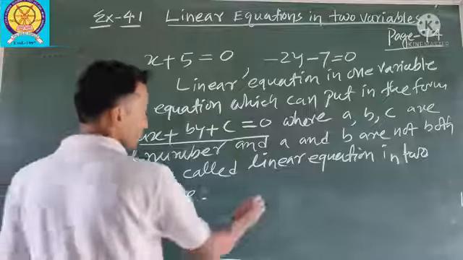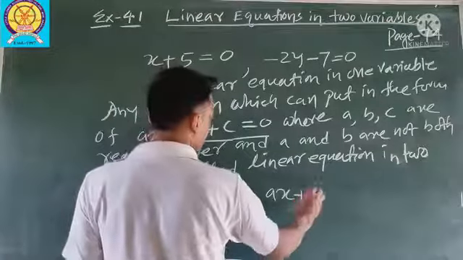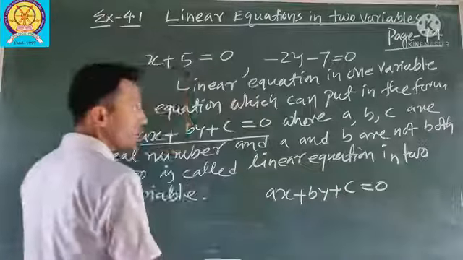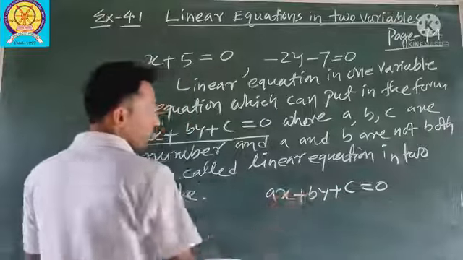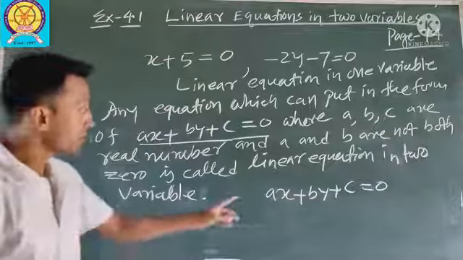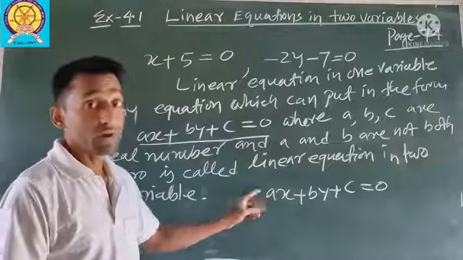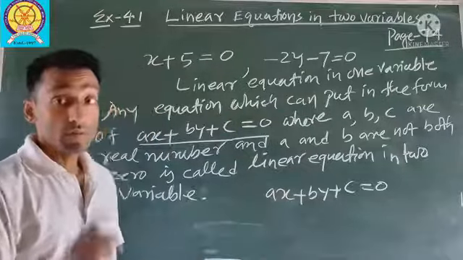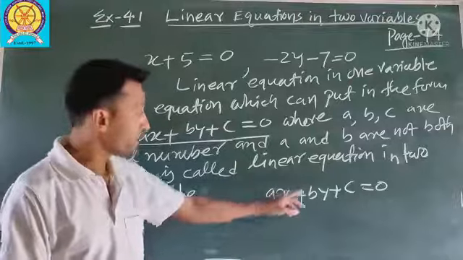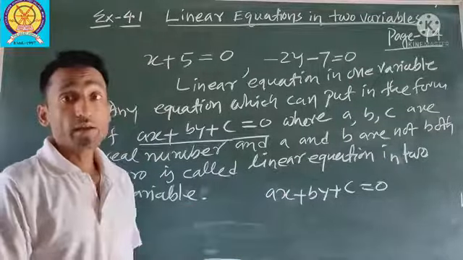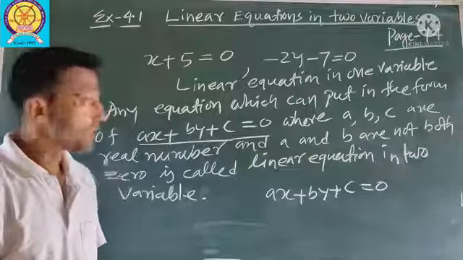The equation should be in the form ax plus by plus c is equal to 0, where a and b values will not be 0, both. One may be 0, okay. A value may be 0 or b value may be 0, but both may not be 0. If a and b values are both 0, then it is not a linear equation in two variable.